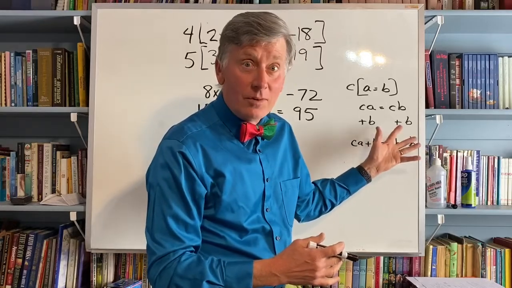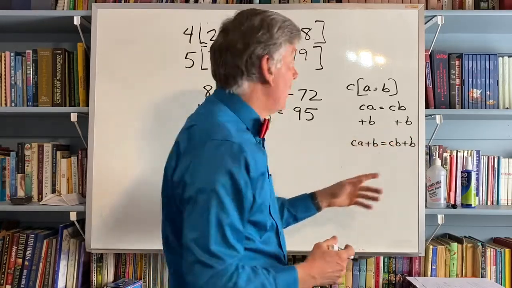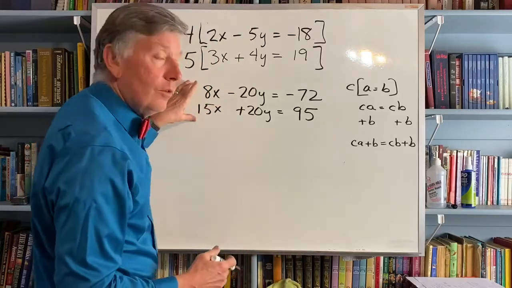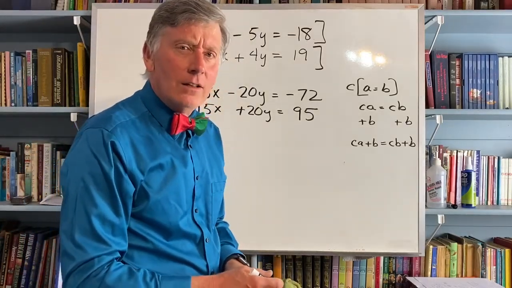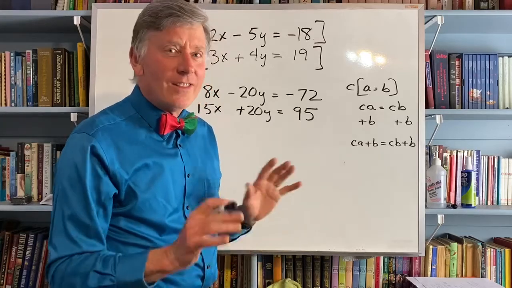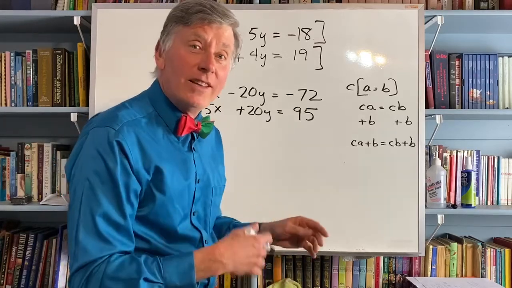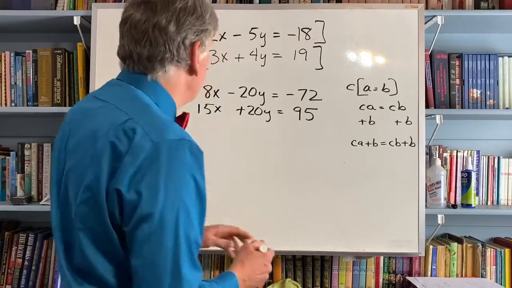These are rules from early algebra that I'm using here with this system of equations. This is legal. Make sure you understand this is legal. I'm not just pulling some trick out of my hat.